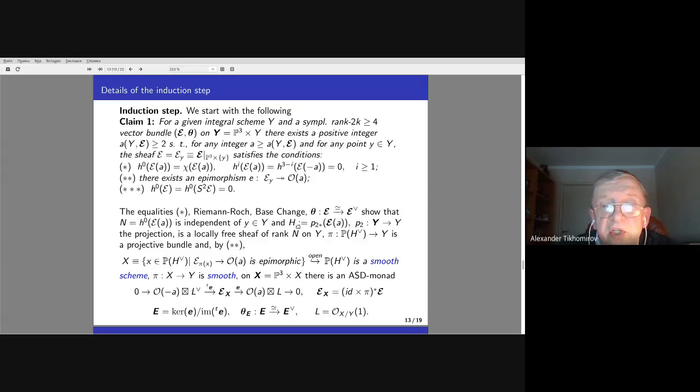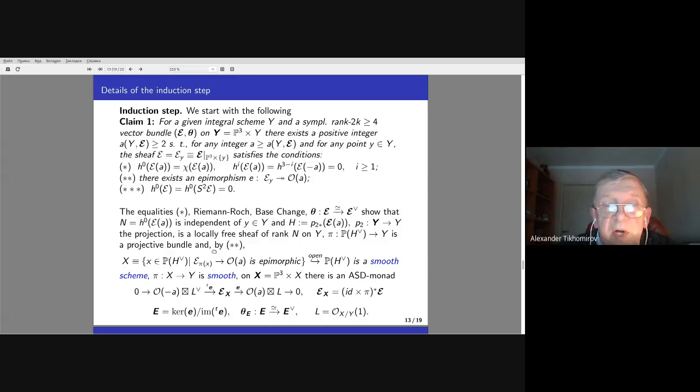by the base change, the sheaf H, which is pushed down by the second projection of E twisted by A, is a locally free sheaf of rank given by this number n, and we may consider the projectivized bundle P of H dual.